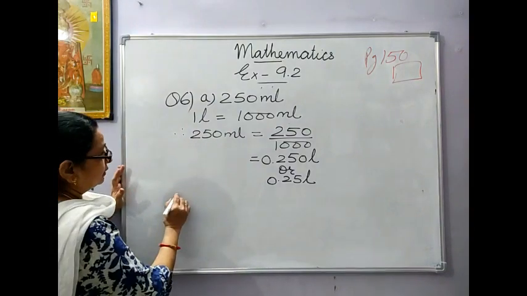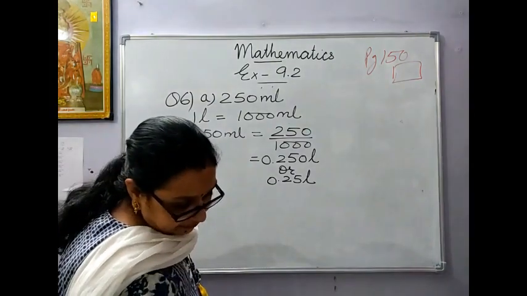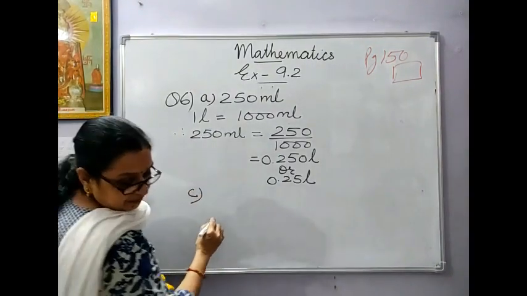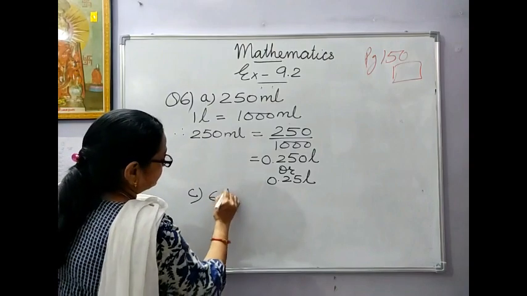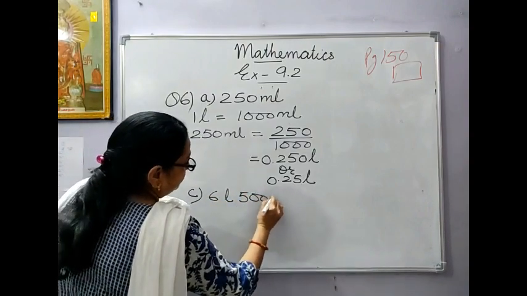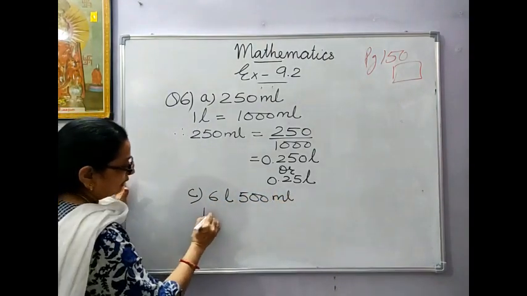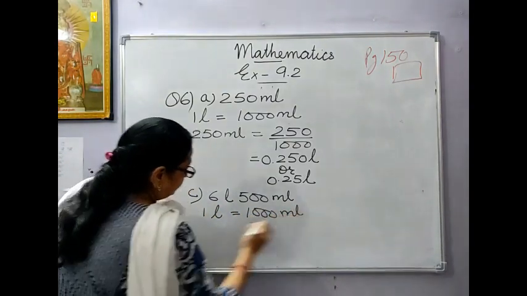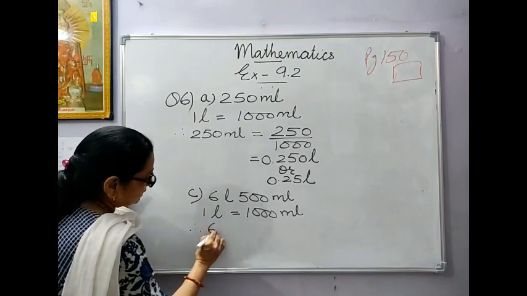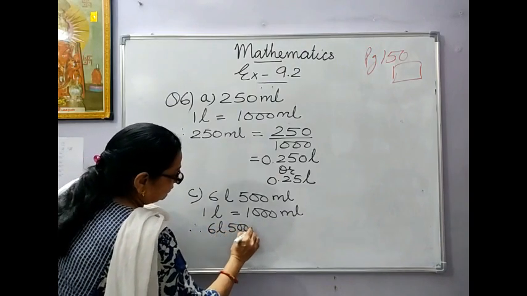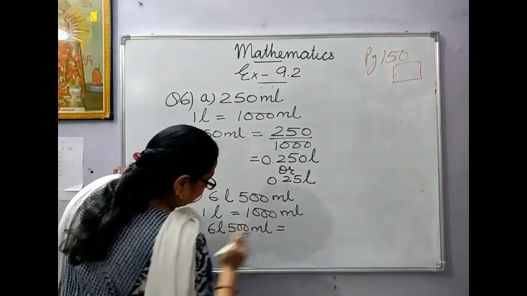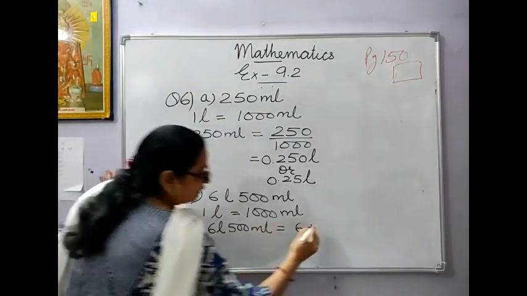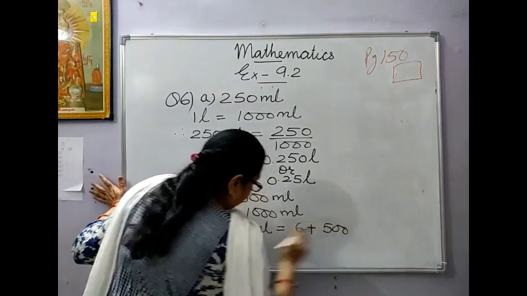Clear? Then I take some number C. Some number C is 6 liter 500 milliliter. 1 liter is equal to 1000 milliliter. Therefore 6 liter 500 milliliter will be equal to, this is already in liters, so we will write it as such. This is 500 milliliter.